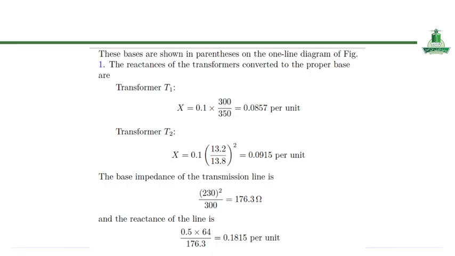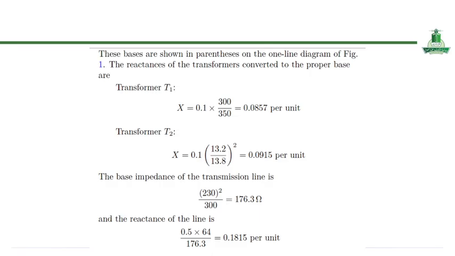And finally, the base impedance of the transmission line can be calculated using the standard relationship: Z base is equal to V base squared divided by S base, resulting in 176.3 ohm. Okay, this base impedance is then used to convert the actual line reactance into per unit form.